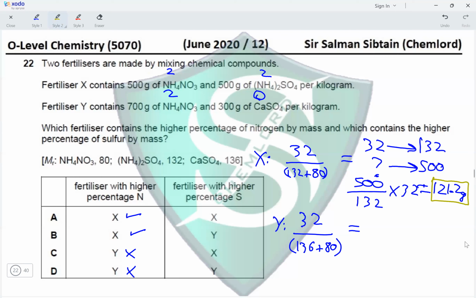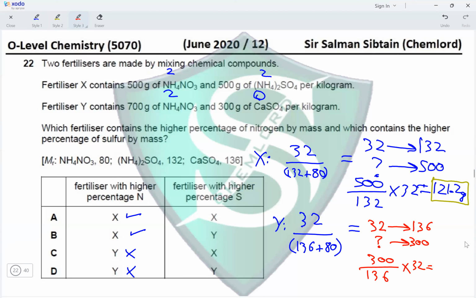And for the other one, we have 32 grams in 136, which is the MR of calcium sulfate. So how much would be present in 300 grams? So this will become 300 divided by 136 and multiplied by 32.